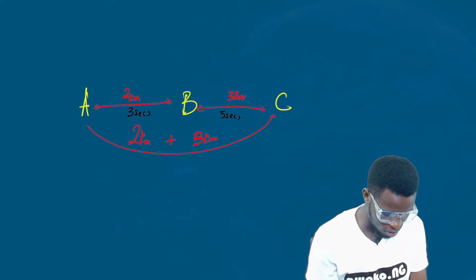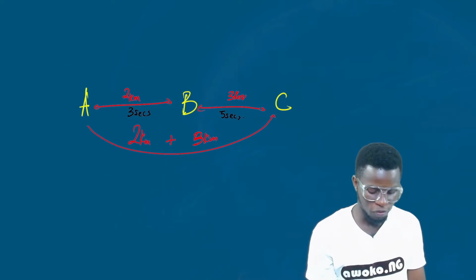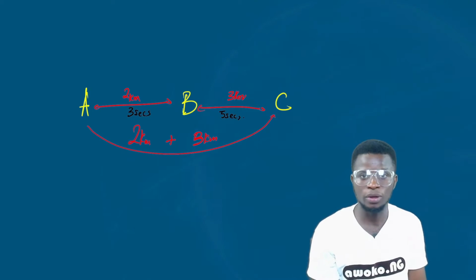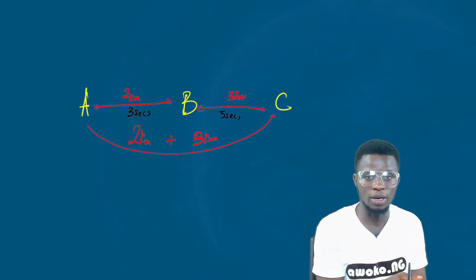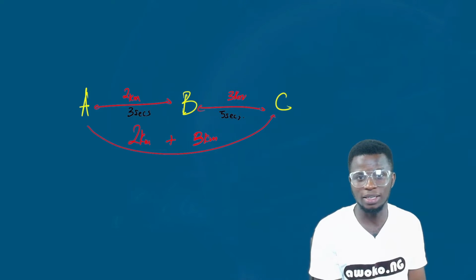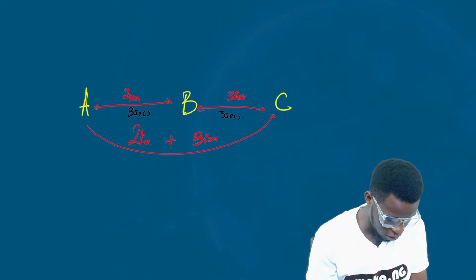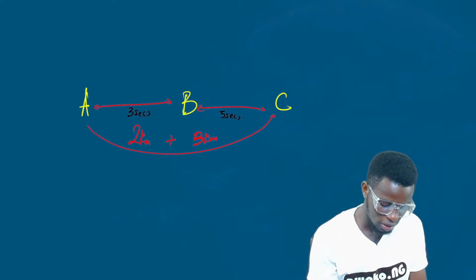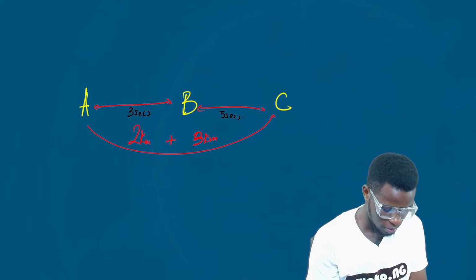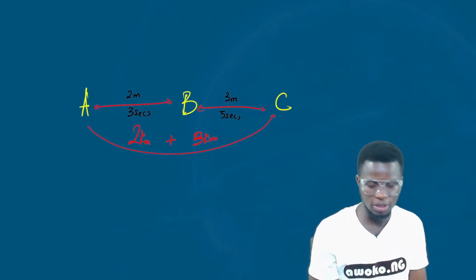Of course, you know that the standard for time is seconds, while the standard for length is meters. So let us change these to meters so that we have a uniform standard. So we have 2 meters and 3 meters.